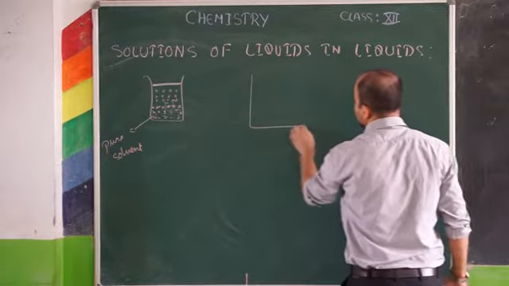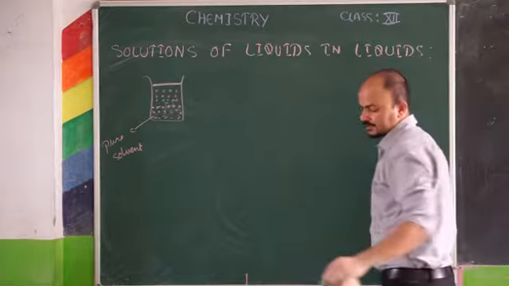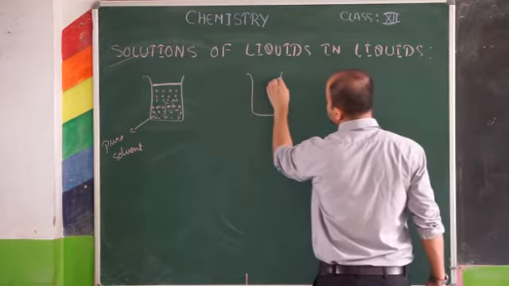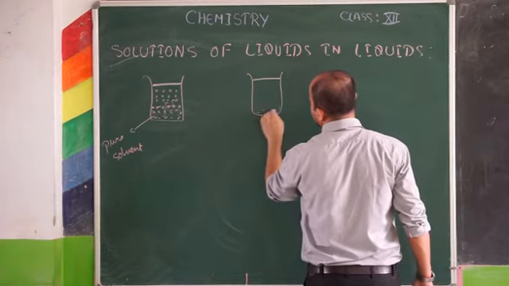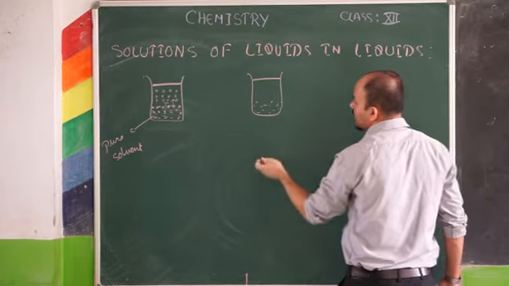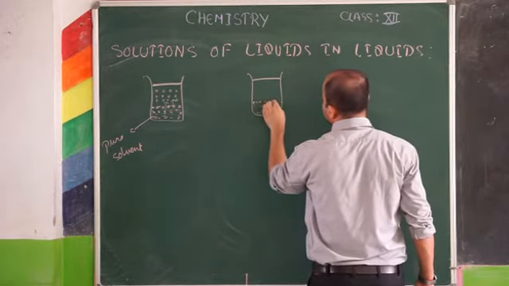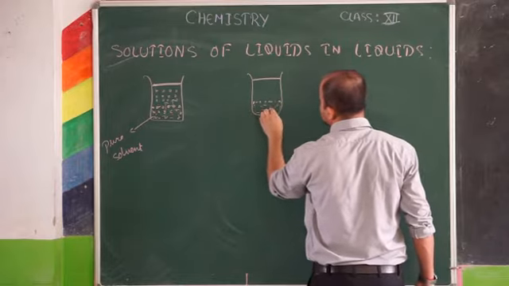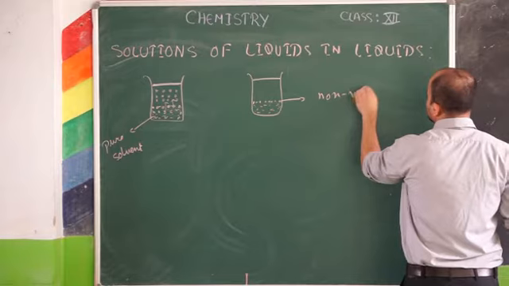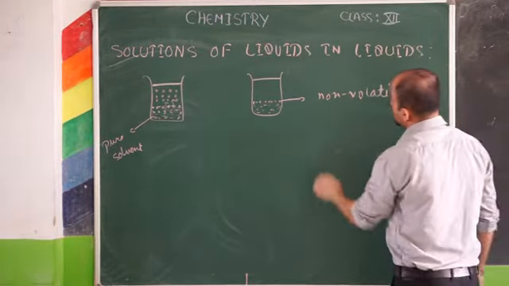Now, suppose you have another container of equal volume. This is also closed, and here you have solvent molecules. To this solvent, you have added some non-volatile solute particles, non-volatile molecules or solids.